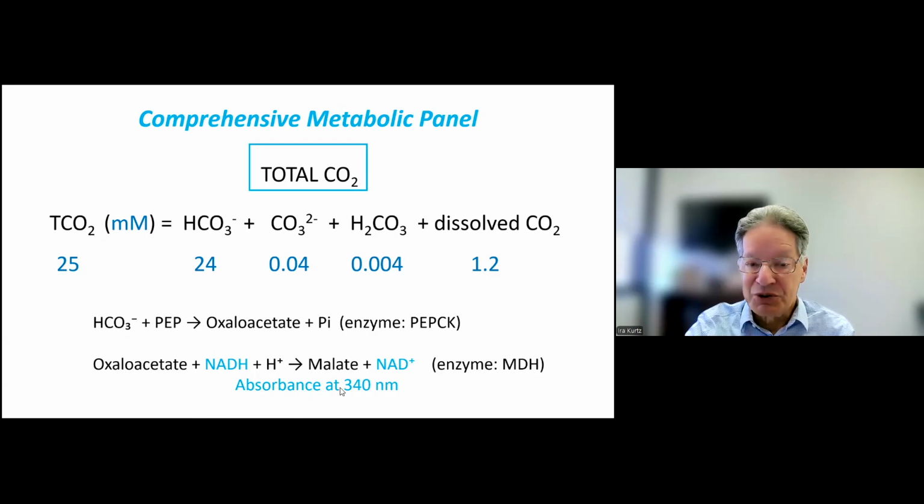It is an absorbance measurement, so you may have heard that if your VLDL or triglyceride level is very, very high, you have very lipemic serum, you can get a falsely low total CO2 measurement from the clinical lab, even though the blood gas machine bicarbonate, the calculated bicarbonate from the blood gas machine, comes back normal.